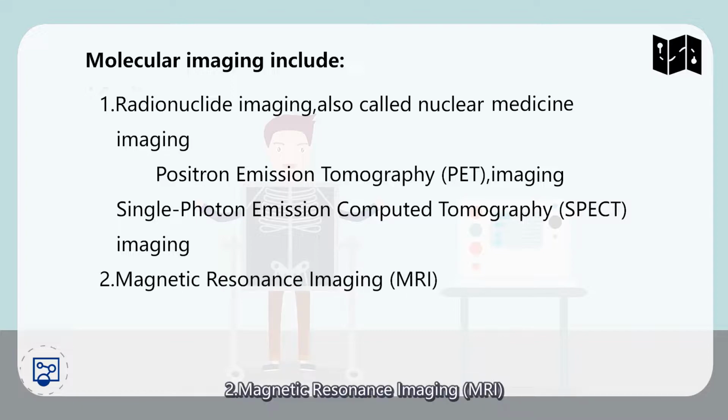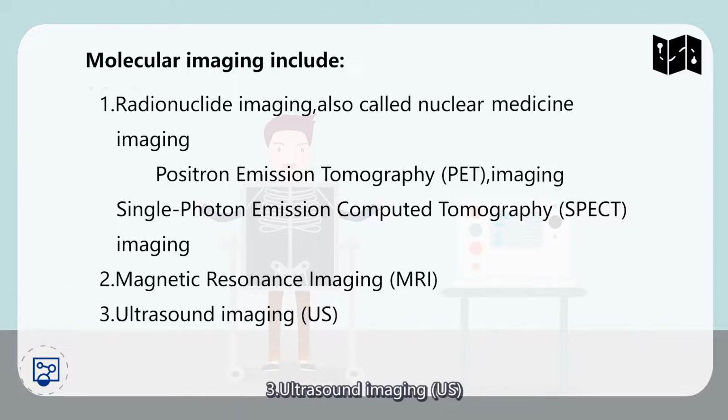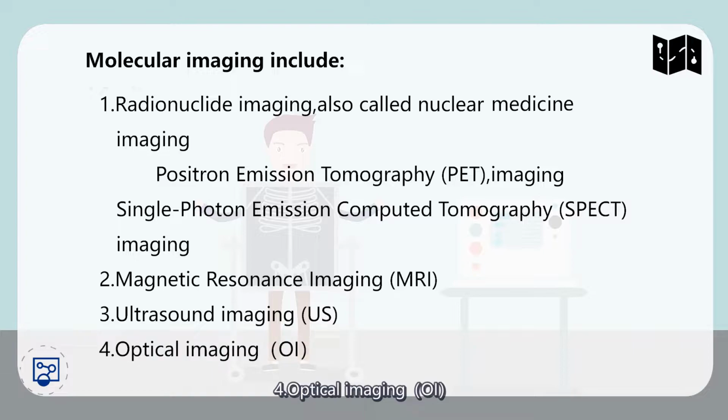The second is magnetic resonance imaging, we call MR imaging. The third is ultrasound imaging, we call ultrasound US imaging. And finally is optic imaging, sometimes we call OI imaging.